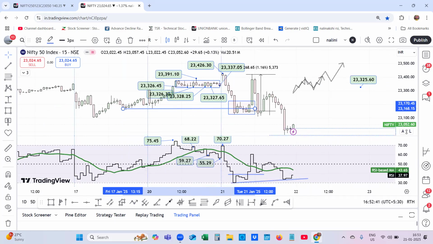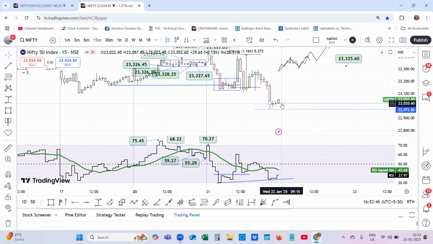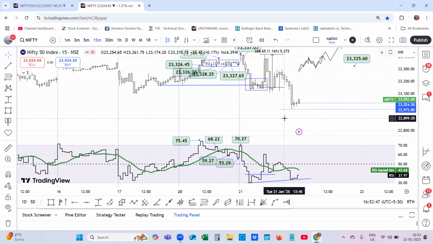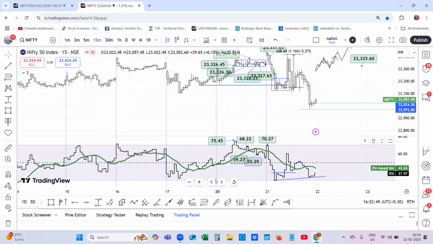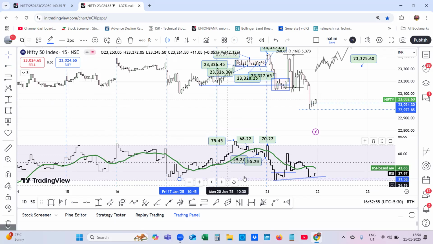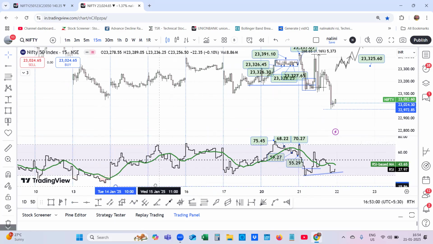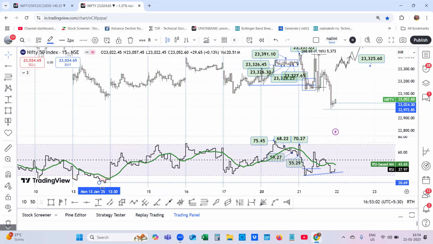Now, for tomorrow's trade, what you can anticipate is the market may show one more dip, and you have to mark all the RSI readings. And if you see any divergence, even if the market makes a lower low, you will say this is the RSI reading when it made a low, right?